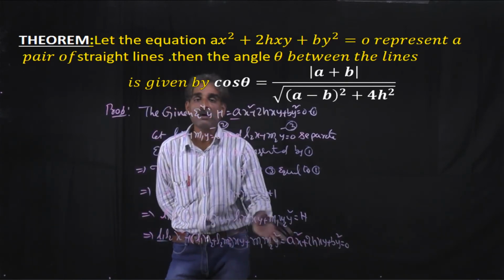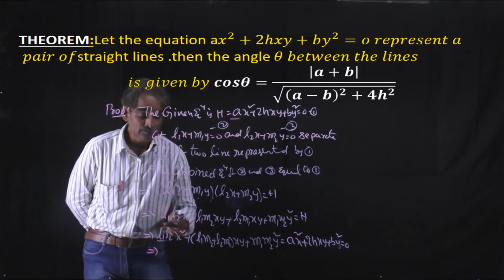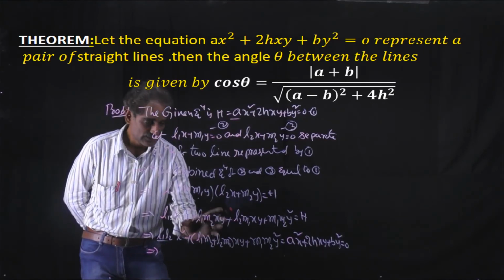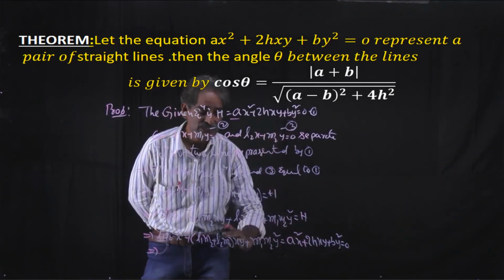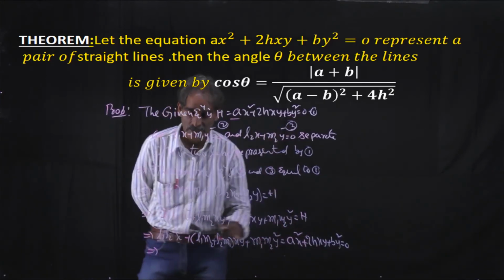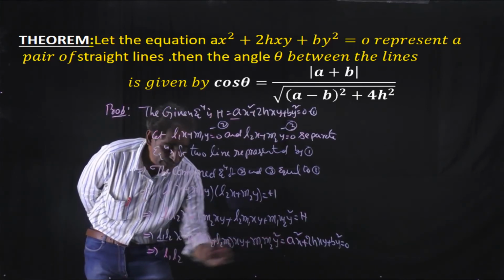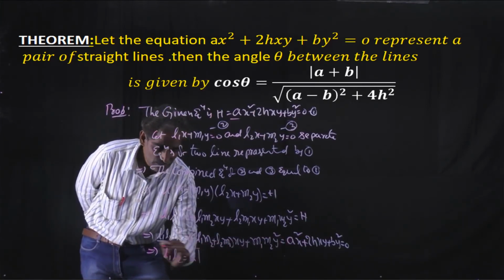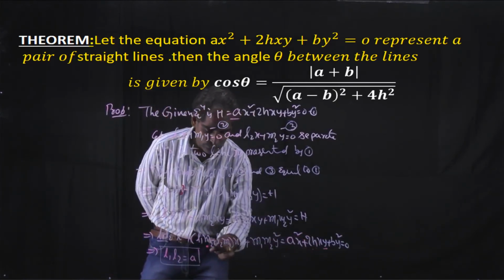Understand? Now compare the coefficients of like powers. The combined equation of these two is equal to 1, so compare the like powers' coefficients. The x square coefficient: L1 L2 is equal to a. Next, the xy coefficient 2h is equal to this one.